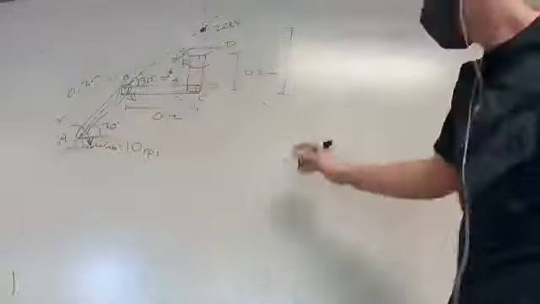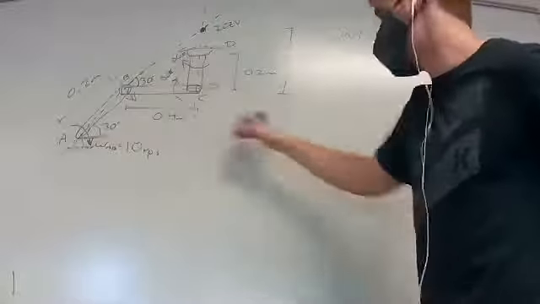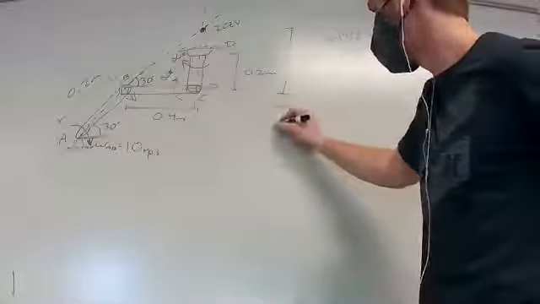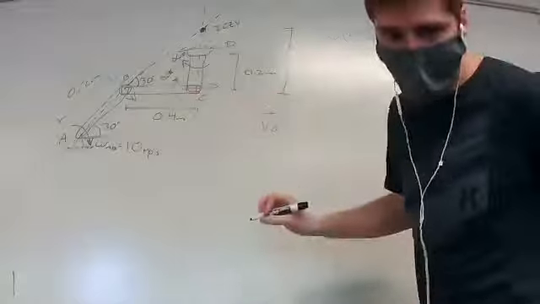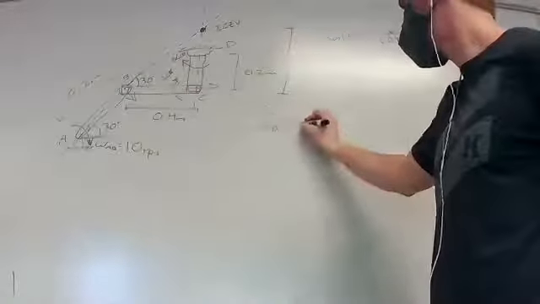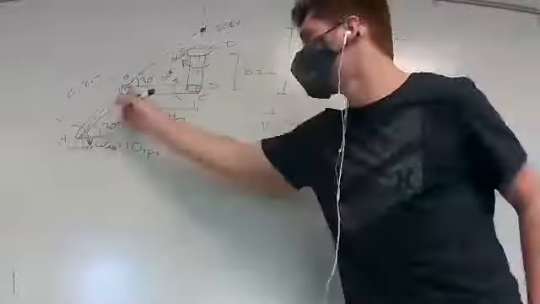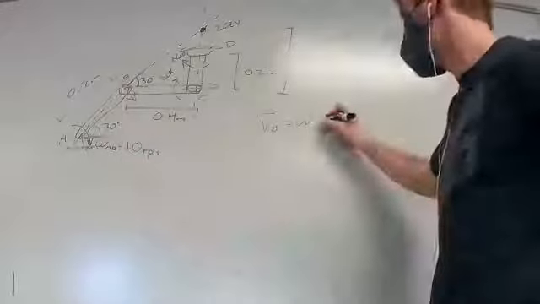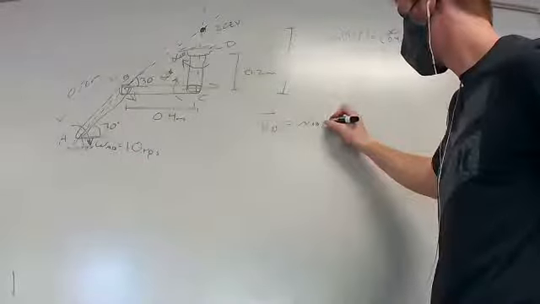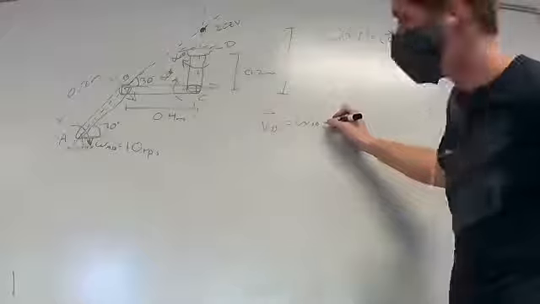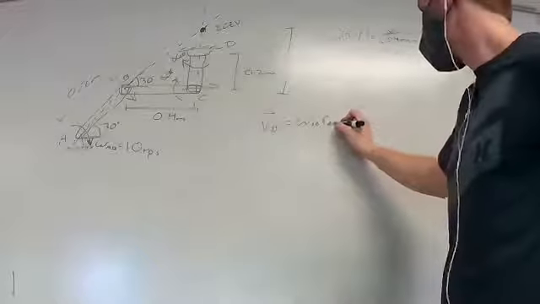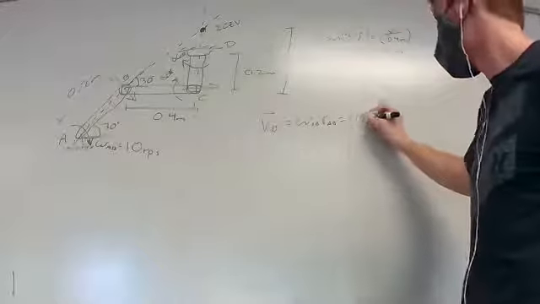Members here. And we can start off with VB. We can say VB is going to be equal to omega AB, which is known as 10, times the radius.